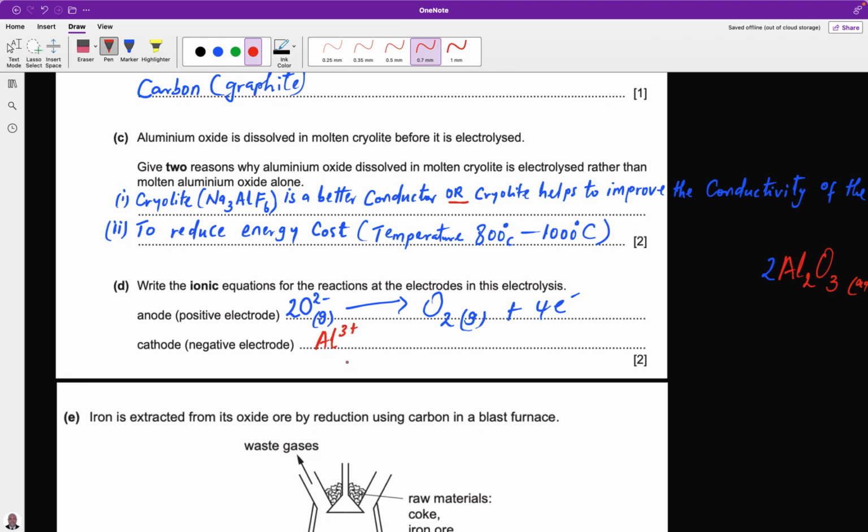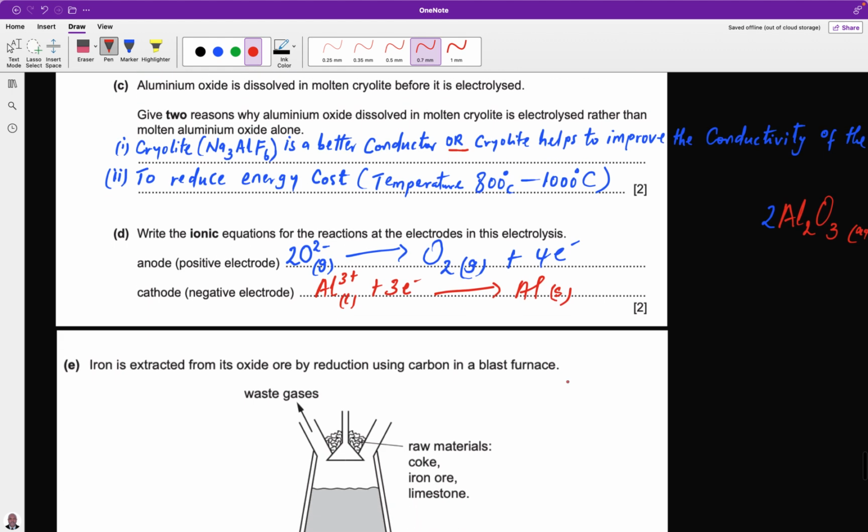The aluminum ion plus is now going to undergo reduction to give aluminum, that is now deposited. At the cathode, that will be the equation.